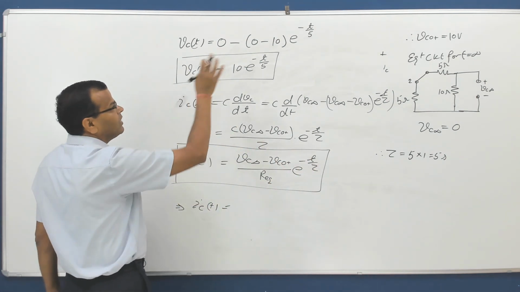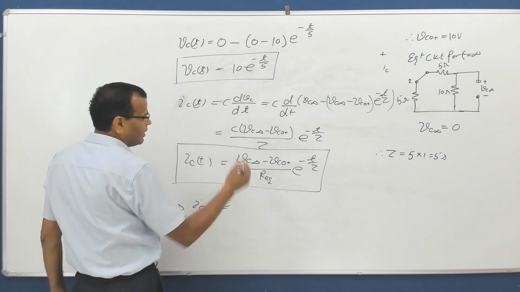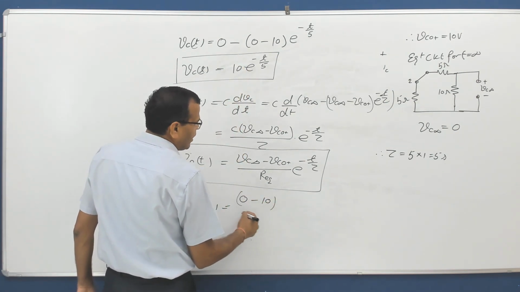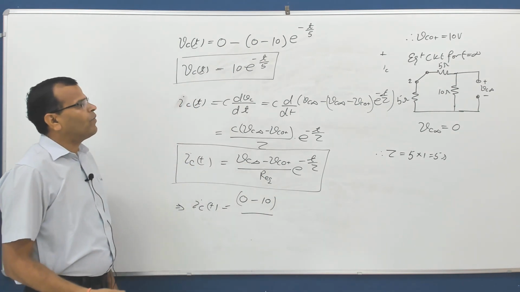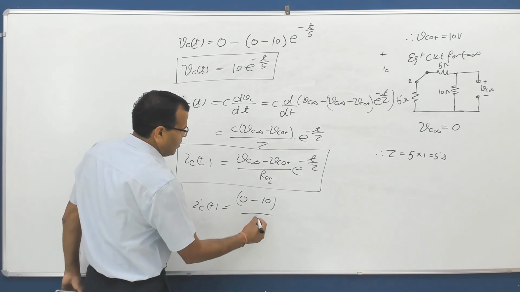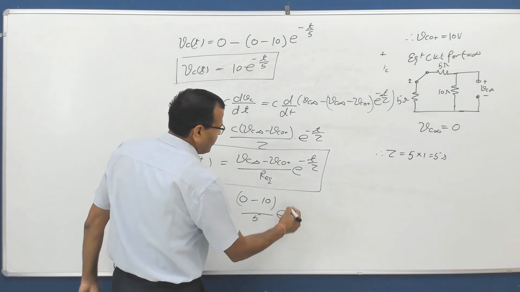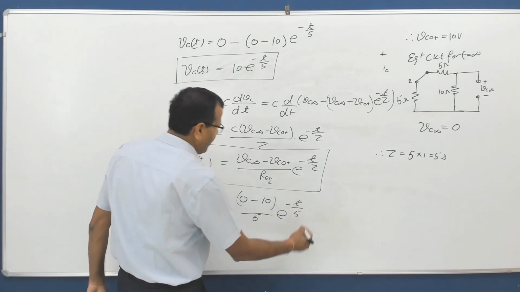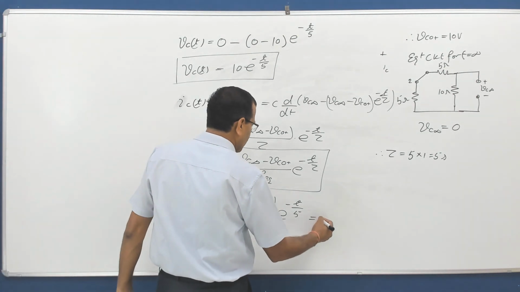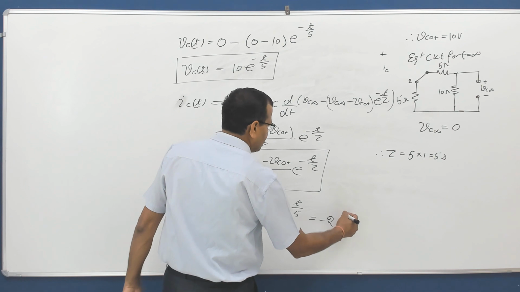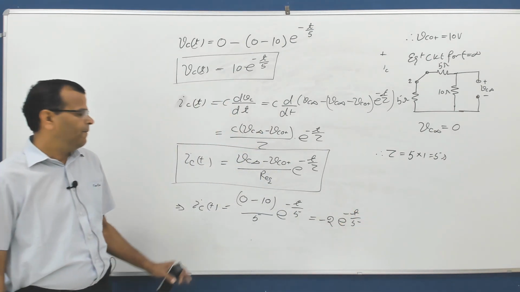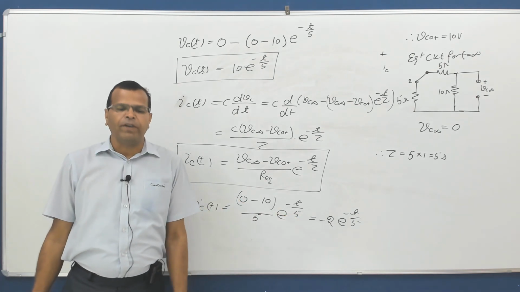Now Vc infinity we have seen was 0, Vc0 plus was 10, R equivalent was how much? R equivalent was 5 ohm, into e raised to power minus t by 5. That is how you can find this. So this is equal to minus 2 e raised to power minus t by 5. So that is how the current through the capacitor varies.